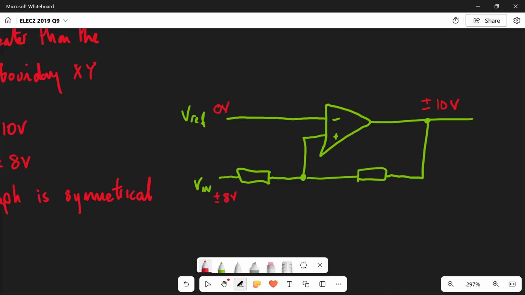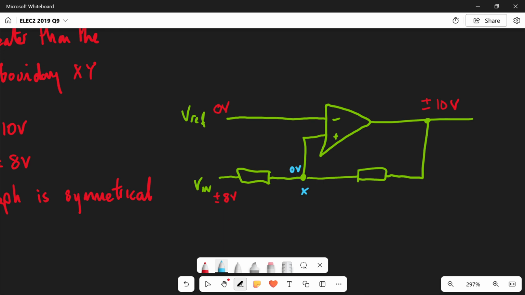Now the beauty of this is that we can see from the graph that this value here is also going to be 0 volts, because that's how Schmitt triggers and op-amps work in this type of condition. Now that is key, because what that tells us is between V in and that point, let's call it X, there's plus or minus 8 volts, and between V out and X there is plus or minus 10 volts.